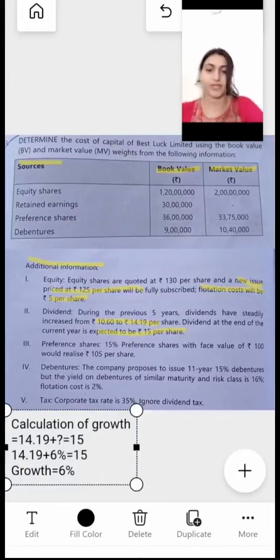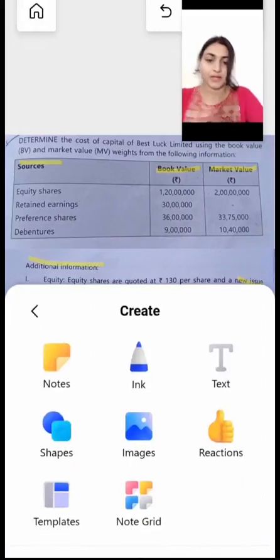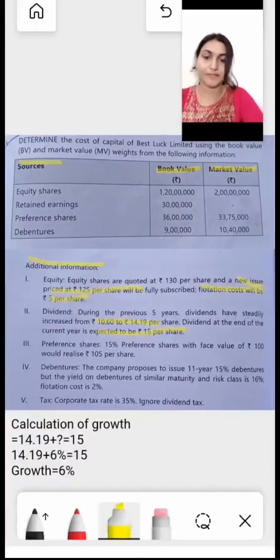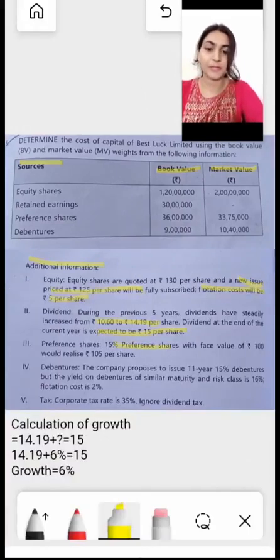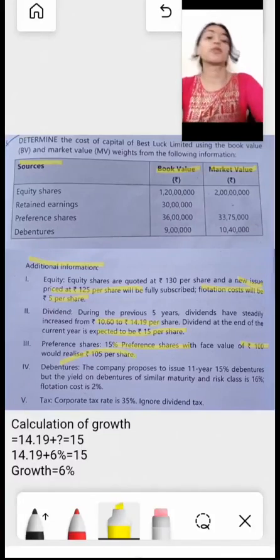Okay, so next what they have given over here, they have told preference shares, 15% preference shares with a face value of 100 would realize 105 per share. Means the net proceeds, when they issue the preference shares, the amount which company is receiving is 105. Means 5 rupees at a premium they have issuing it.